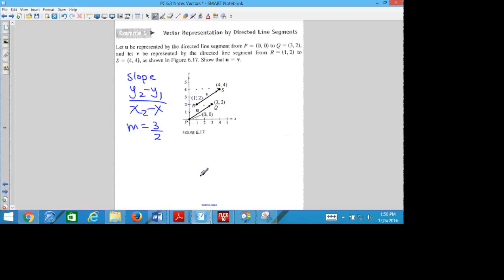Is that correct? No. Try again. Up 2 over 3. For each of them, they have the same slope. So for these vectors, they have the same slope. That means they have the same direction.